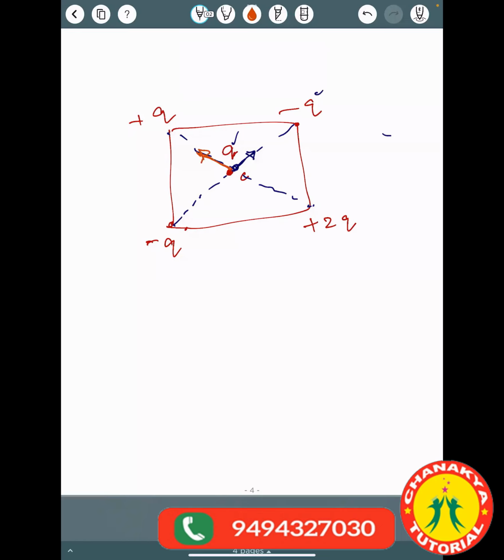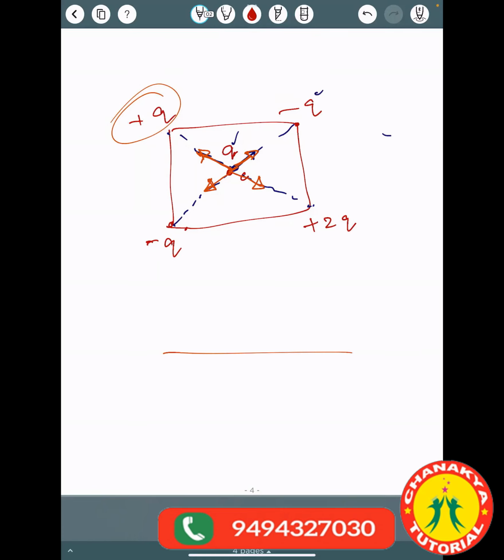And then if I see minus Q, again it will try to pull it towards it, so it will be like this. Then this 2Q is done, minus Q is done, plus Q is done. Okay, this is due to plus Q, it will try to push it, so it will be in this direction. Then you draw x-axis, y-axis.